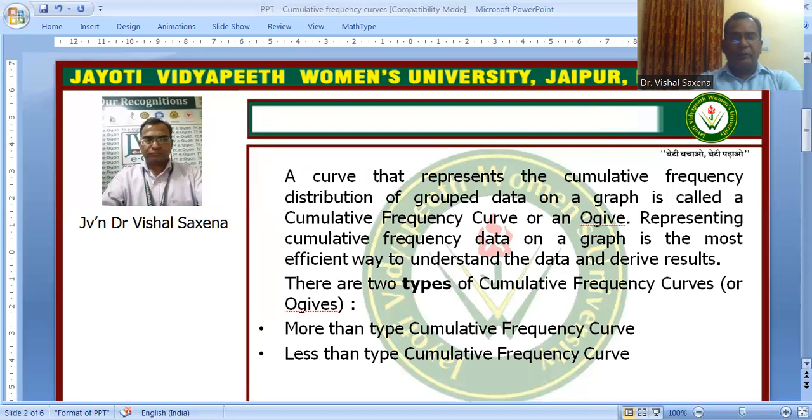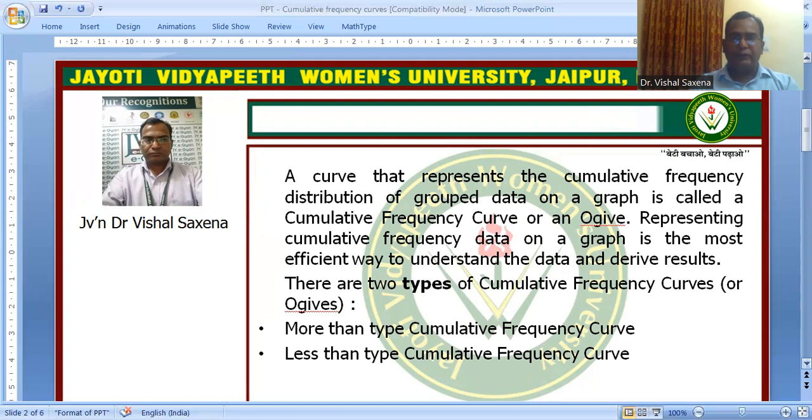Now we are discussing the cumulative frequency curves, which are also known as ogives. A curve that represents the cumulative frequency distribution of grouped data on a graph is called a cumulative frequency curve, or an ogive.